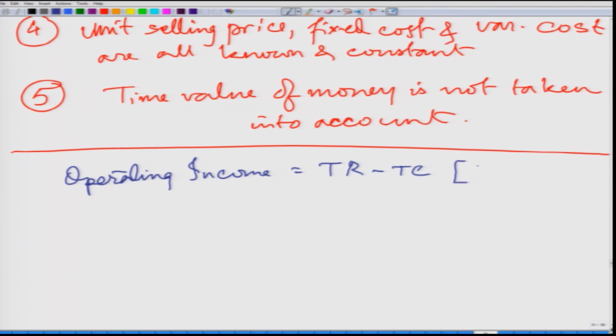Here we are not considering tax. Income tax is not considered.